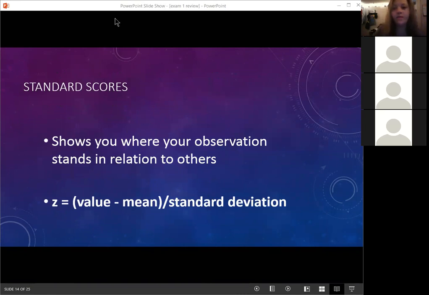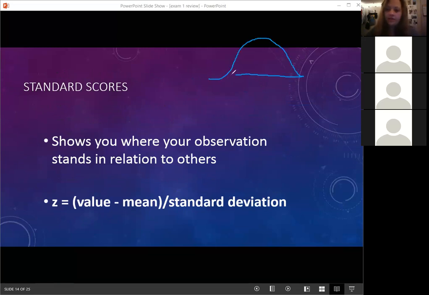For example, if I had 2 different graphs here, and let's say this is my z curve. Let's say our mean was 100 and our standard deviation was 50.